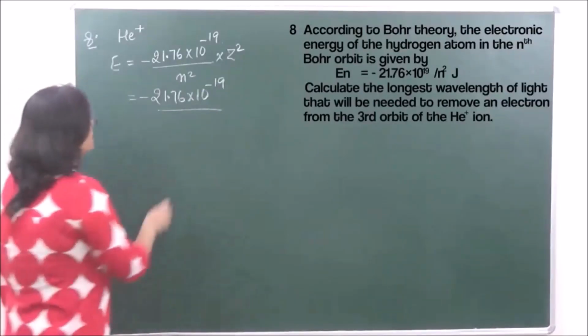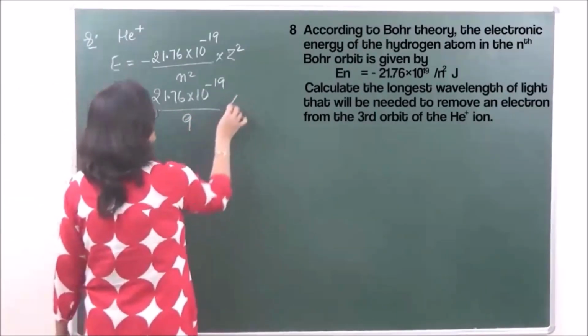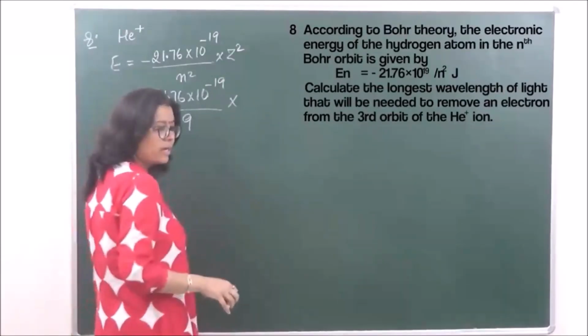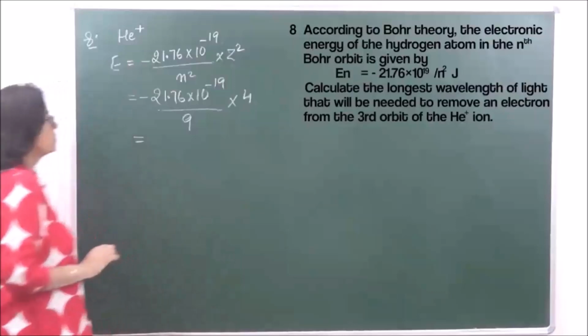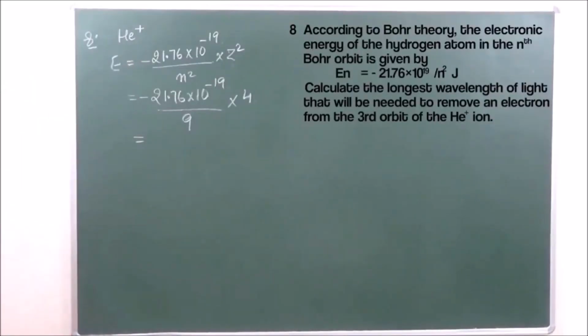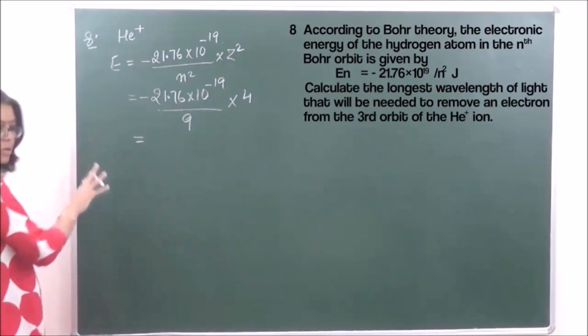The value of n is 3, so 9, and the atomic number for helium is 2, so 4. Let's not calculate this, because we have to calculate lambda, the longest wavelength. So let's keep it like this only.